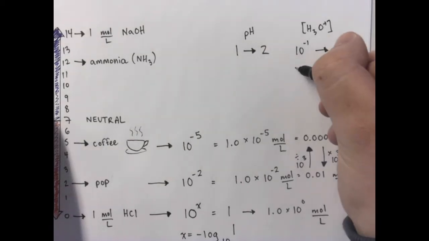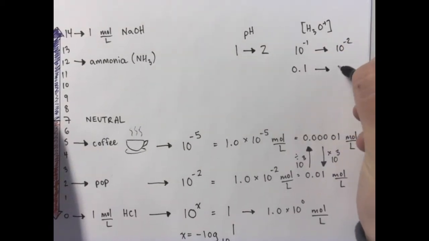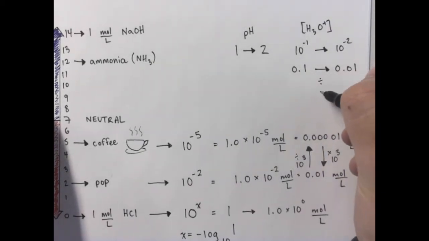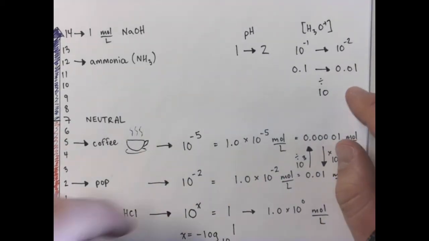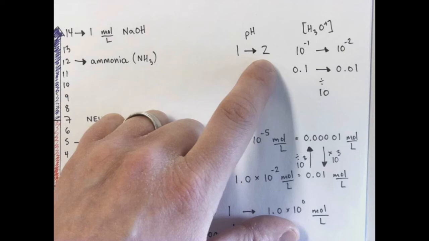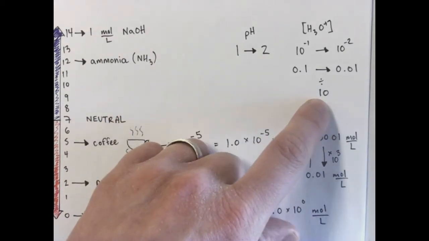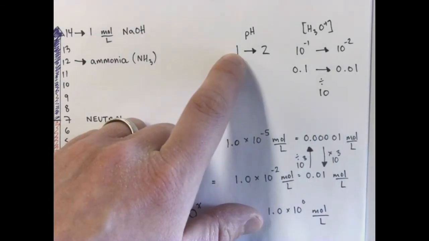And 10 to the minus 1 is 0.1, 10 to the minus 2 is 0.01. So it's like I divide by 10. So a substance that has a pH of 2 has 10 times fewer hydronium ions than a substance with a pH of 1.